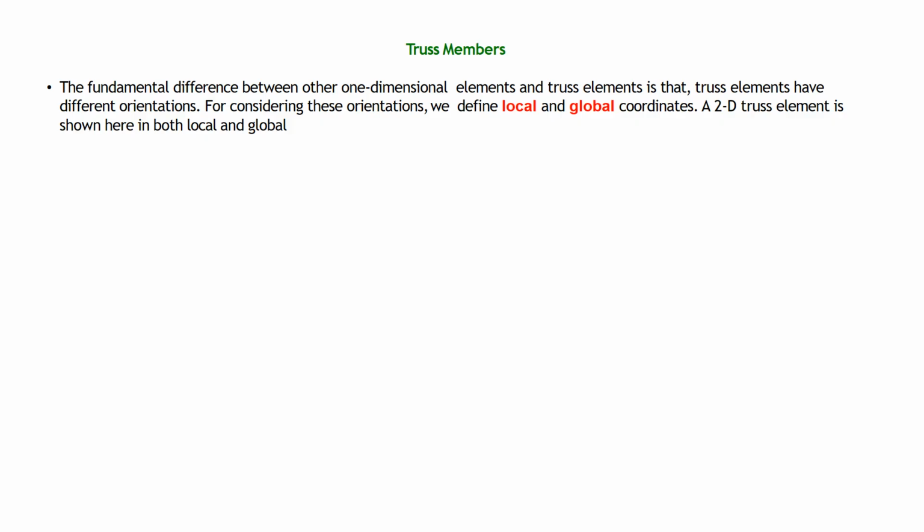For understanding purposes, we consider this a truss member with node 1 and node 2. At node 1 we have a displacement in global coordinates, u1, and in the y direction, v1. So u1 and v1 are the displacements at node 1.